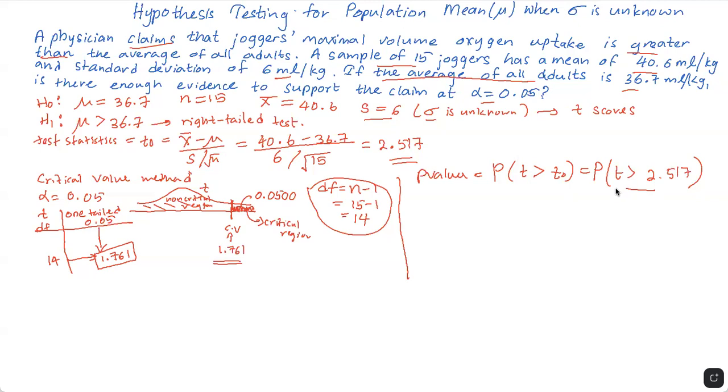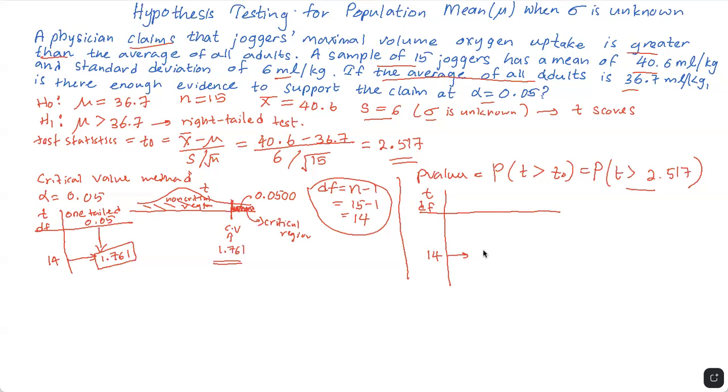So we are looking at the extreme cases, right? In t-distribution, we only have the positive values here. Under 14 degrees of freedom, you are going to find two t-values from inside the table that 2.517 falls between.